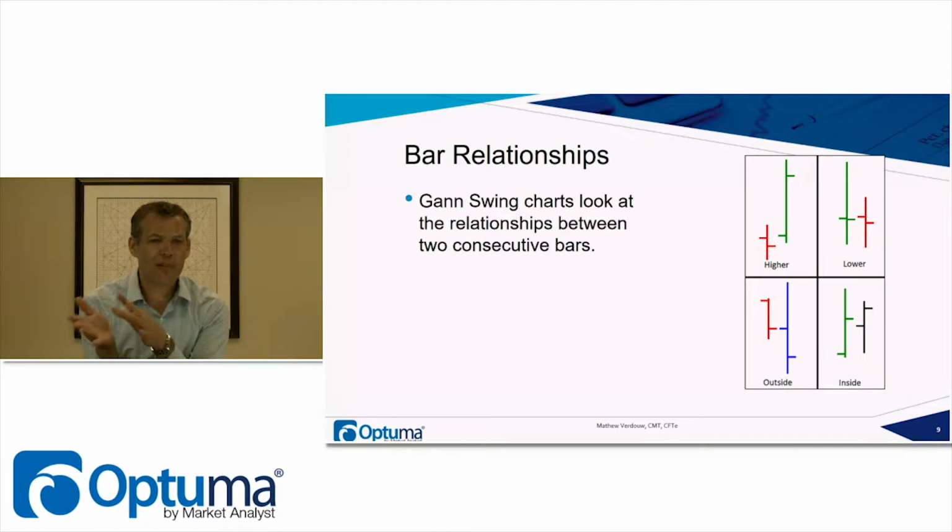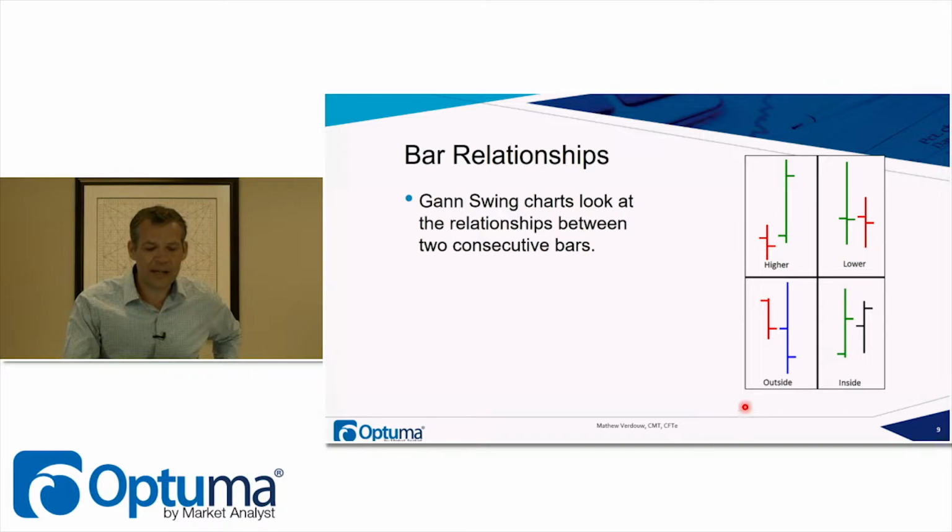Now, in Optuma, if you're using the software, we have a color scheme. If you click on the bars, there's a color scheme called Swing Relations, and it'll color the bars using this paradigm. The first thing we want to do is identify higher bars, lower bars, inside bars and outside bars.